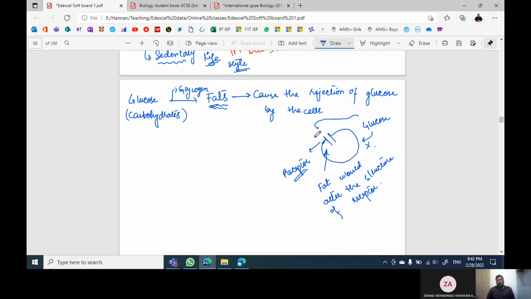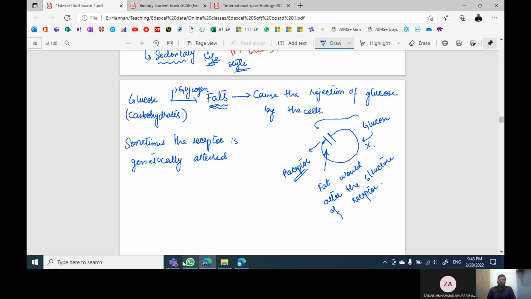This is not the only reason, because sometimes the receptor is genetically altered, or you may use another word, damaged, or is formed in the wrong conformation due to genetics.